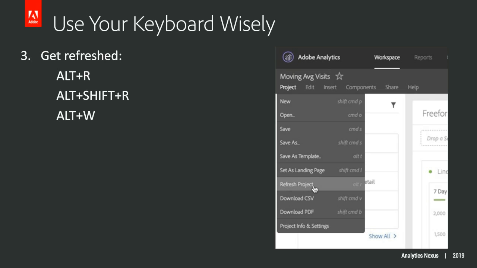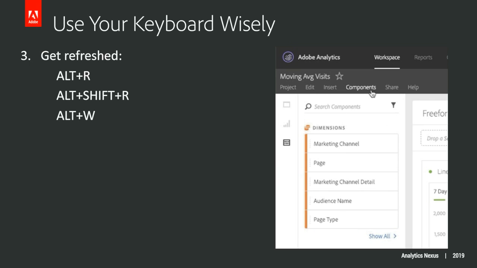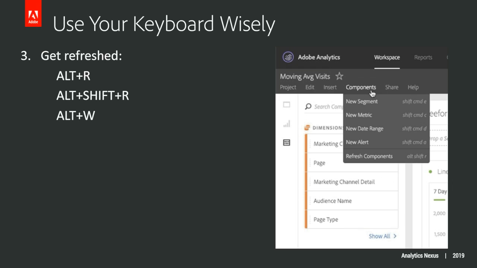Now, if you want to refresh the left rail, the content that's on the left side, your components, your dimensions and metrics and segments, then you have that ability to do that by going to Components and Refresh Components, or you can use the keyboard shortcut of Alt-Shift-R.